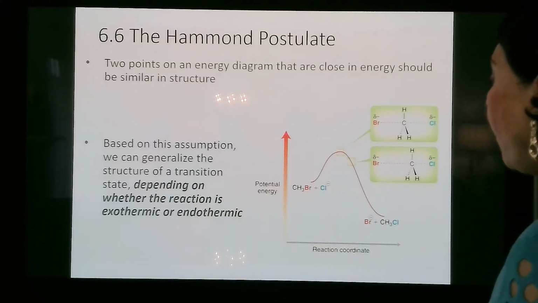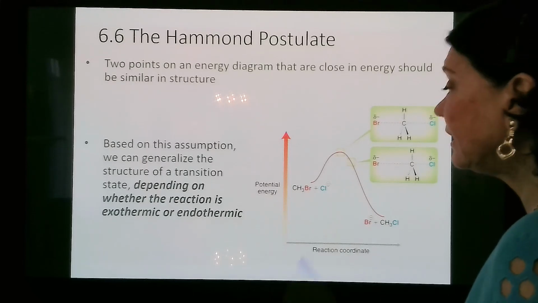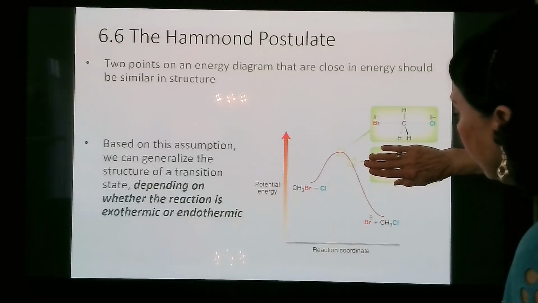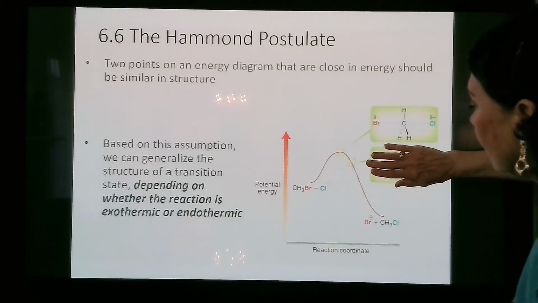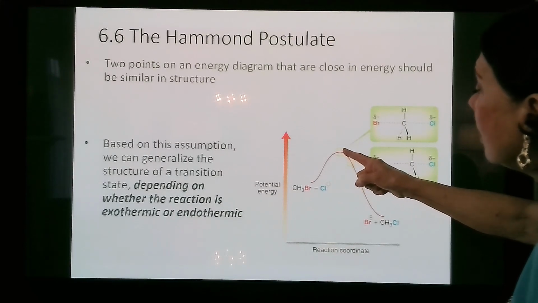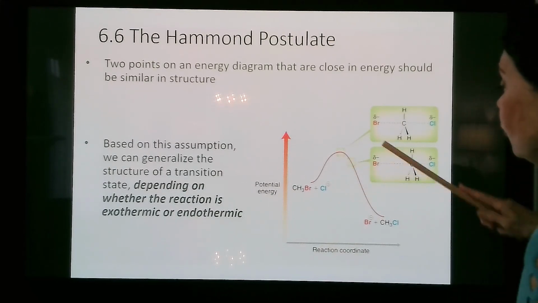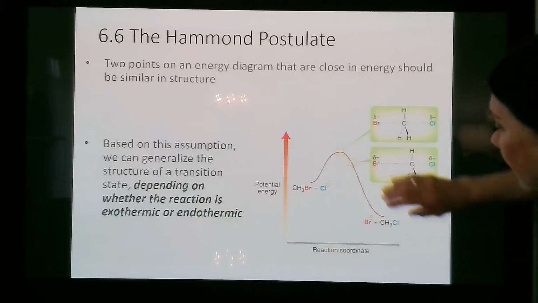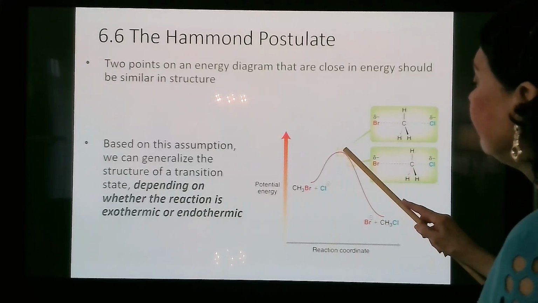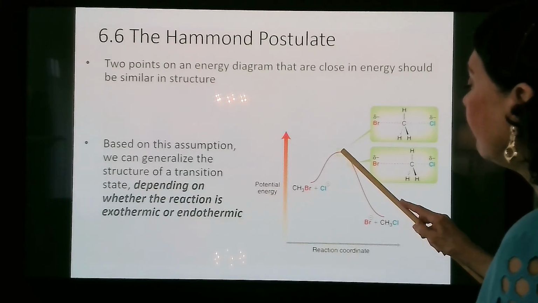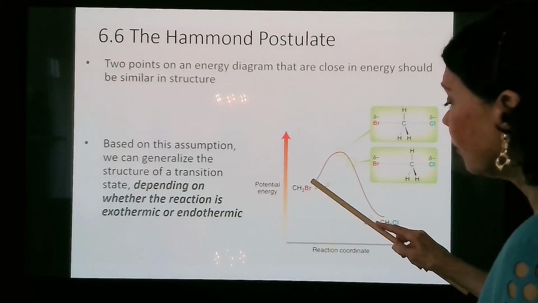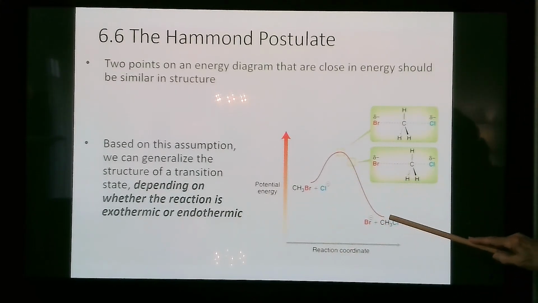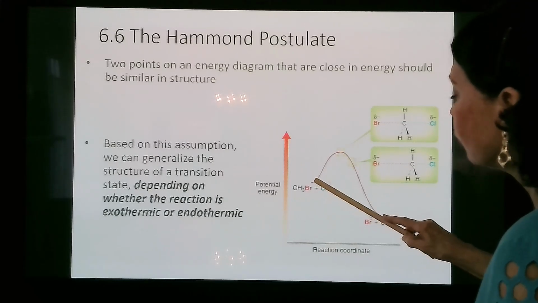The point that is made from this slide is that you have to ignore the arbitrary point that was selected, and focus only on the transition state structure, the reactants, and the products. Ignore this for a minute. You can see that this transition state point is much closer to the reactants than it is to the products. The products are way down here, and the reactants are much closer.